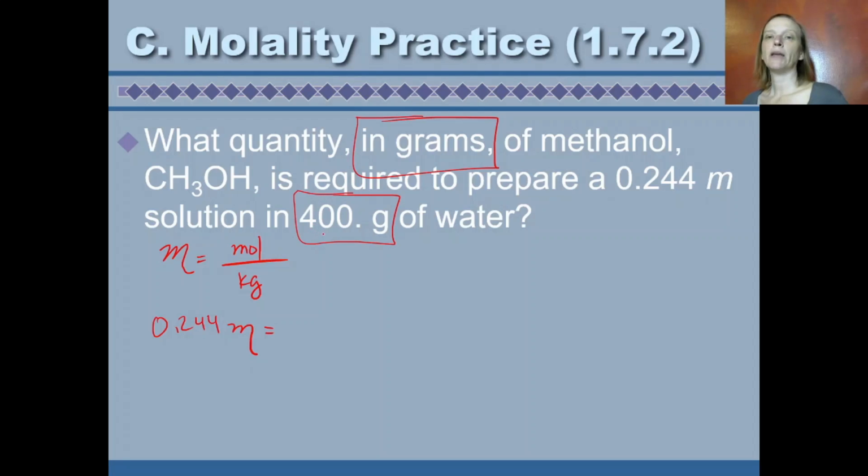I also don't know my number of kilograms here, but it's easy enough to take grams and divide by 1,000. So I have 0.400 kilograms of water, and now I can solve for moles. I multiply both sides of the equation by 0.400 kilograms.